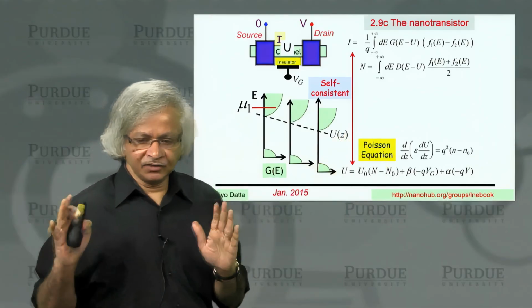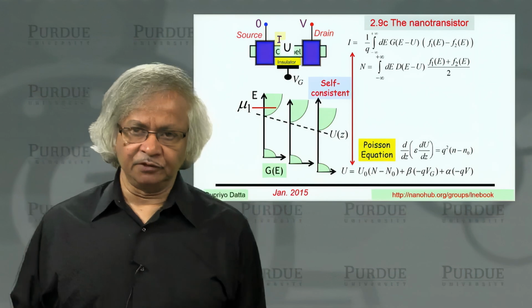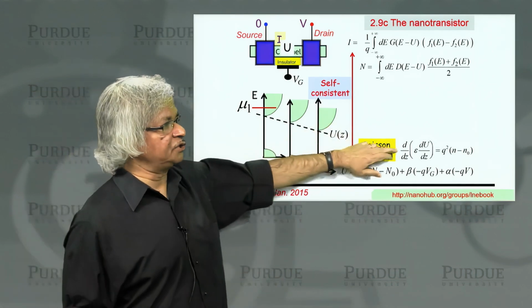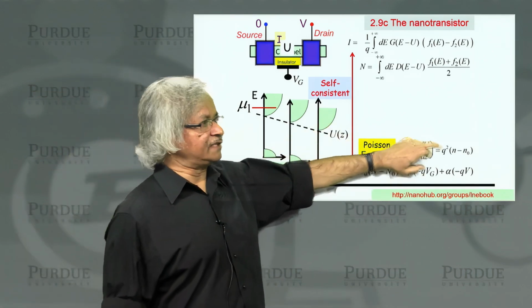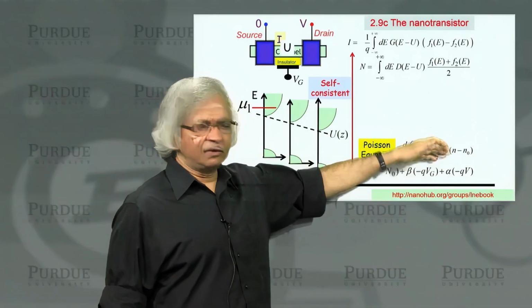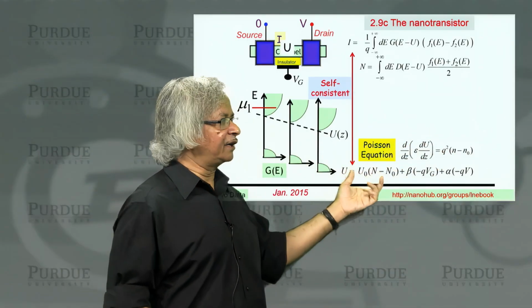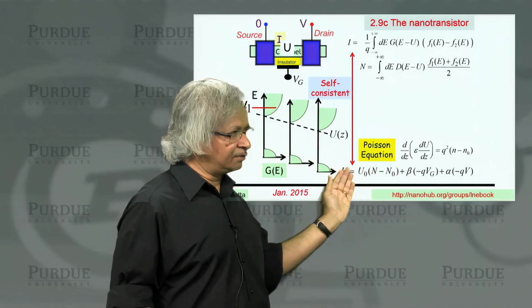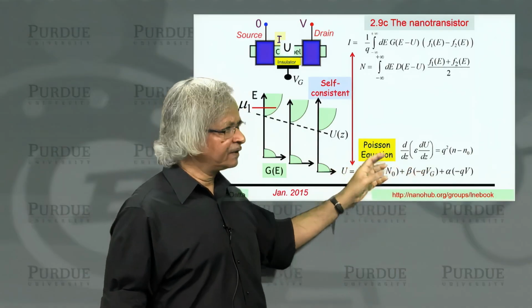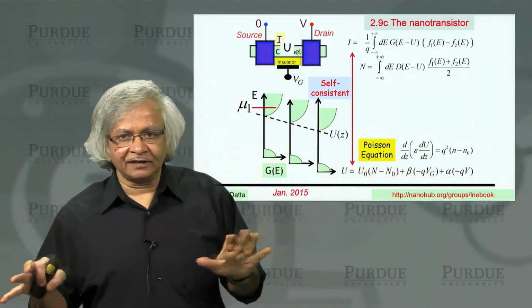So if you're doing a serious device simulation, what you'd use is a Poisson equation, which would tell you this potential as a function of the electron density. And what we have done is kind of a poor man's version of that. We put a single number U, put an algebraic expression to it, just to get a rough idea of what the factors are.